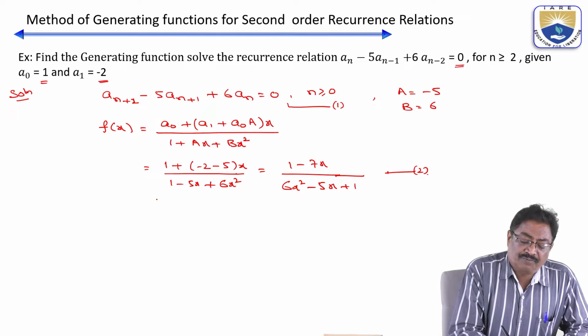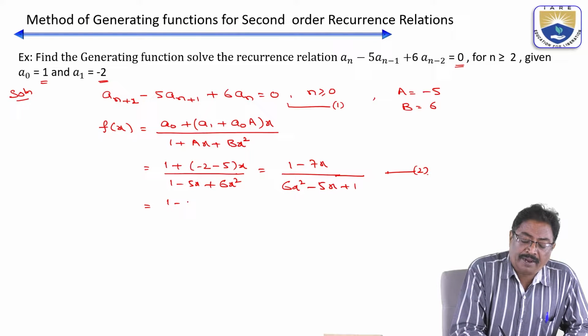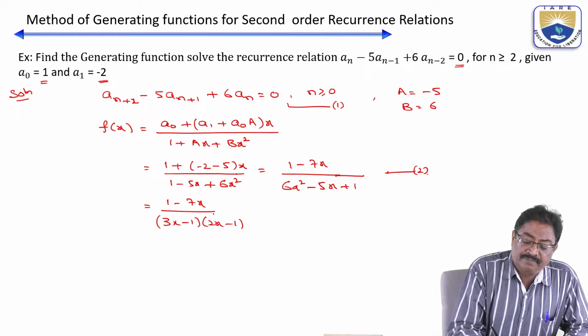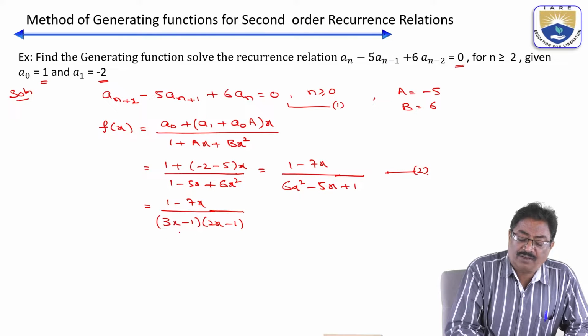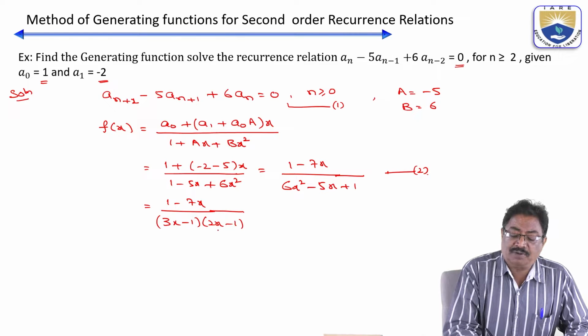Now I am going to write this as (1 minus 7x) by the factors (3x minus 1) into (2x minus 1), since 6x square minus 3x minus 2x minus 5x plus 1.